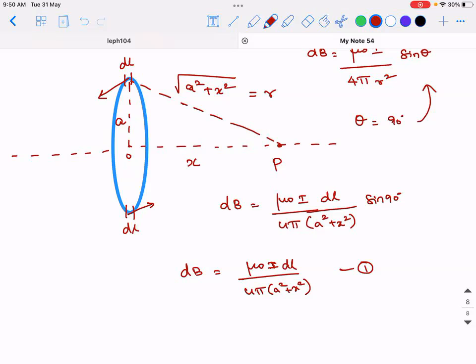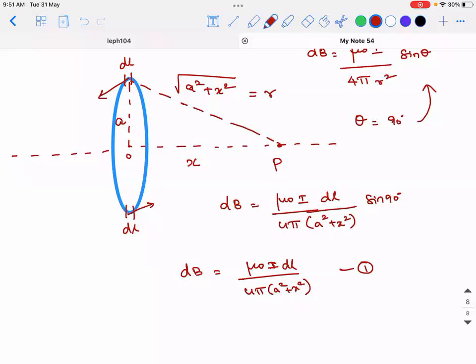Here we found dB accepted, but what is the direction of the dB? This is another part. Okay, visualize it. I want you guys to think and tell me. Okay, if this is the direction of DL, and this is the direction of R vector. So when you see it like this, then how do you find the direction of magnetic field?